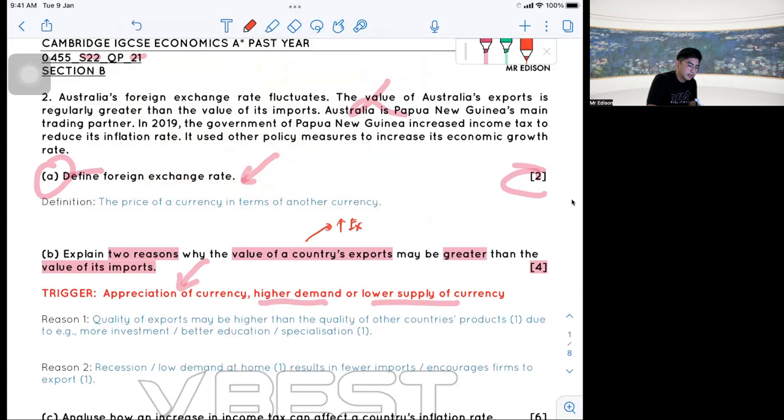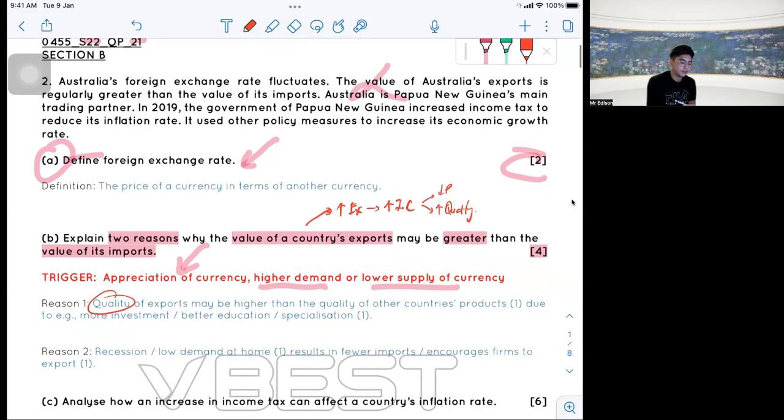Higher export normally is because of higher international competitiveness. Is it? So when we talk about high international competitiveness, we have 2 things: either you have lower price or higher quality. So the first one here is quality. Quality is better, therefore you can sell more. The first part here is to explain why, and the example here is to show you why they have higher quality.